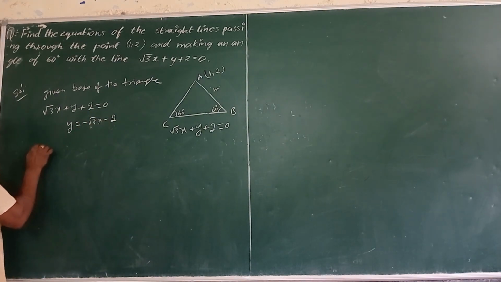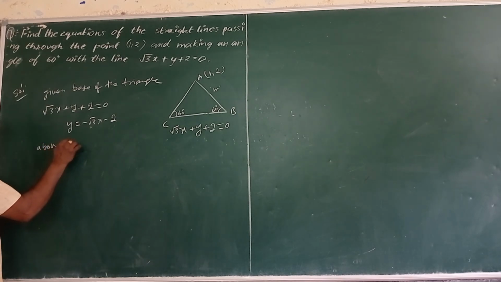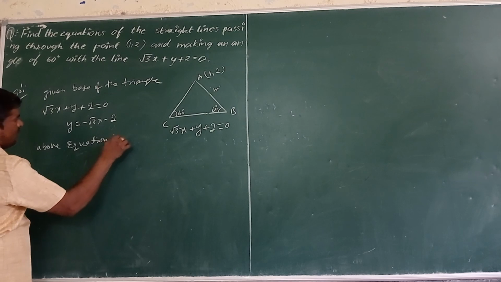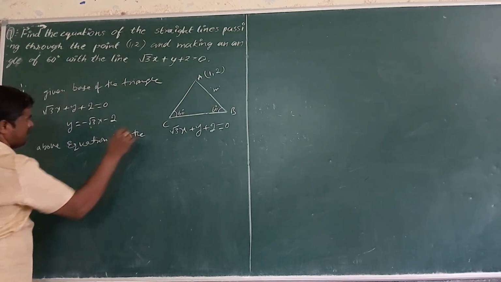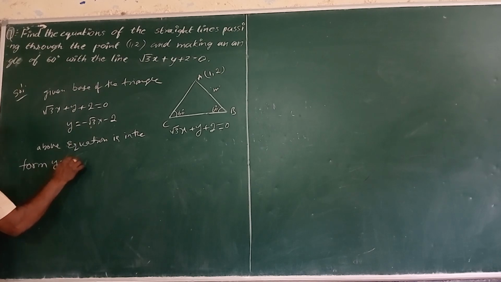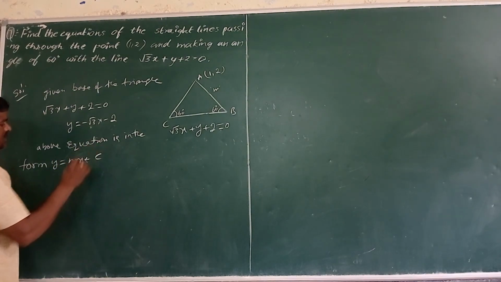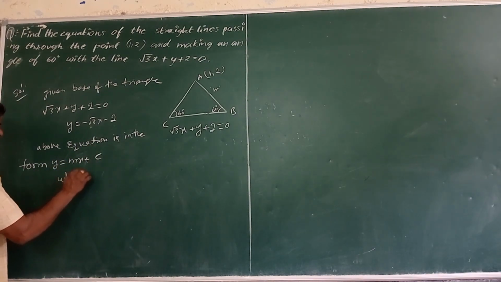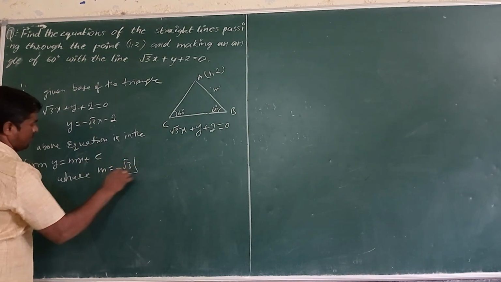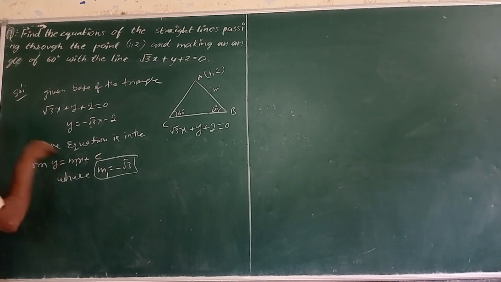So the above equation is in the form y equals to mx plus c, where m equals to minus root 3, that is m1 equals to minus root 3.